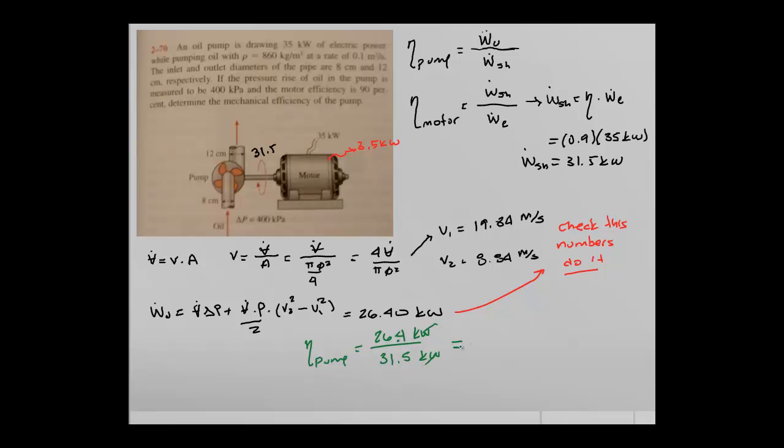Efficiency is a dimensionless number, and this gives us 0.838. In percent, that is 83.8%.